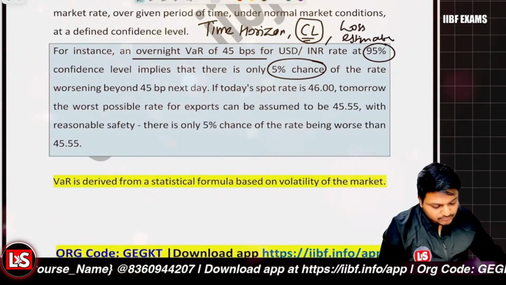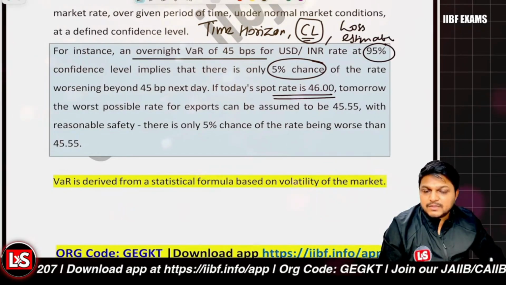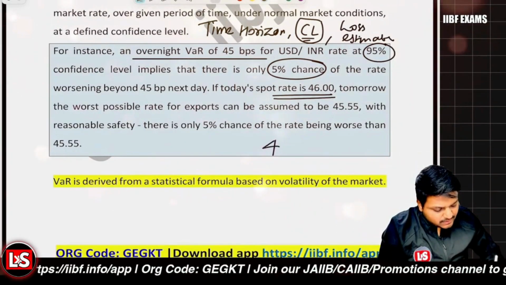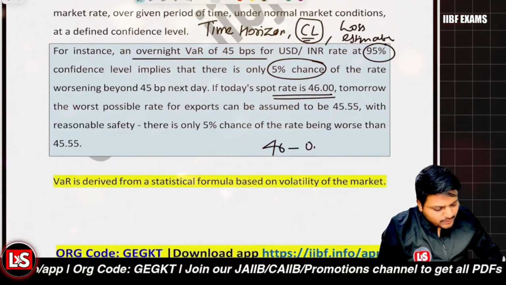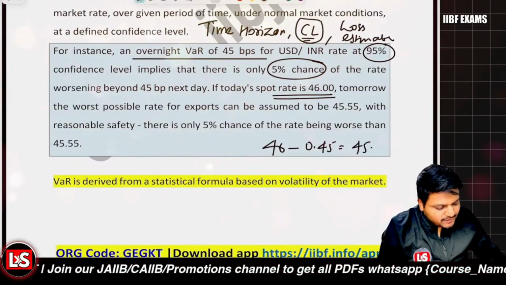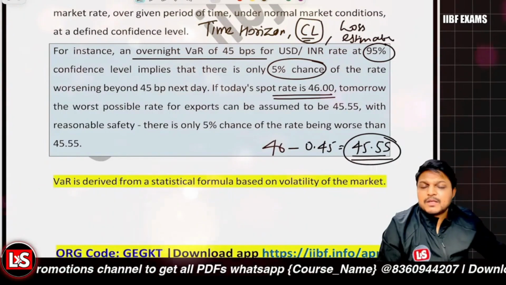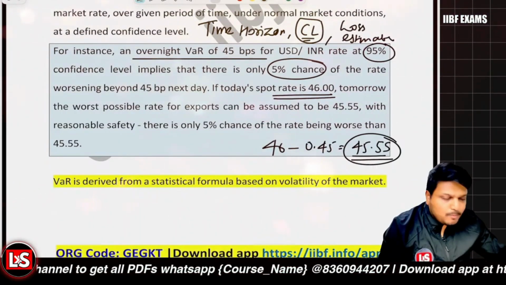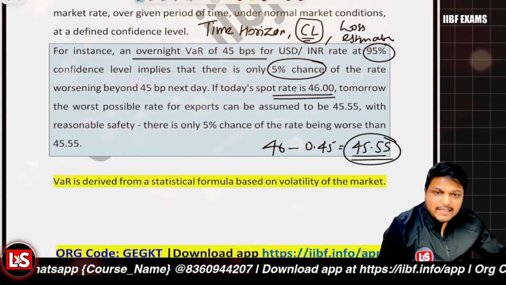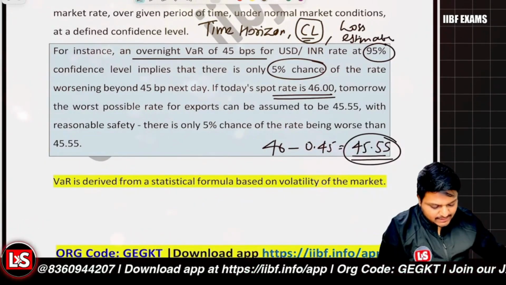If the spot rate is 46, then 46 minus 0.45 equals 45.55. Only 5% chances are there that prices will go below 45.55, and at other times it will be above 45.55. That's about the VAR.